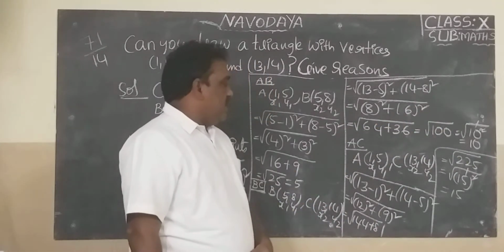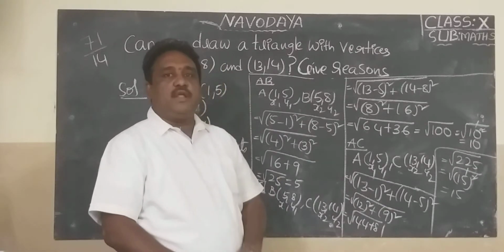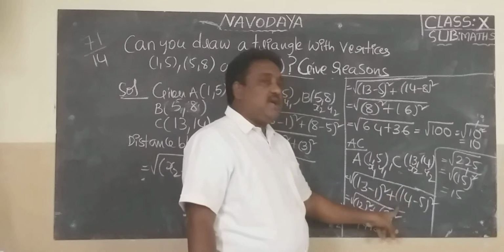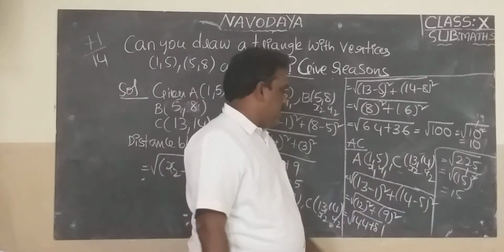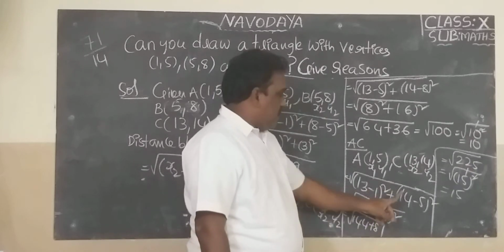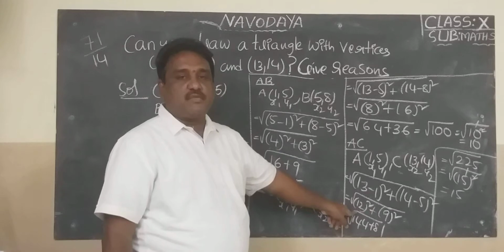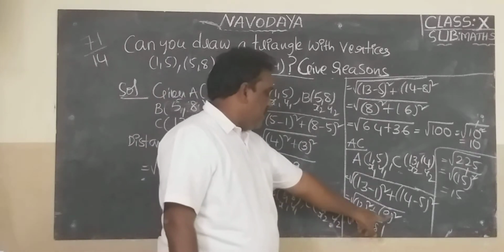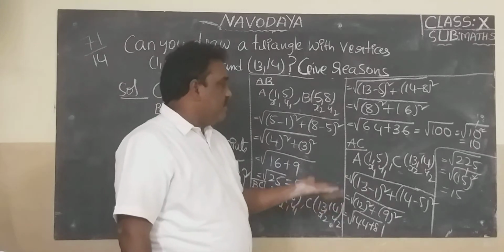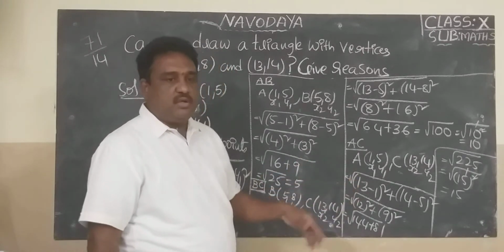Third one, A (1, 5) x1, y1, C (13, 14) x2, y2. Again, 13 minus 1 whole square plus 14 minus 5 whole square. 12 whole square, 9 whole square. 12 square is 144, 9 square is 81. Add, 225. How to write 225? 15 whole square. Square root cancels.